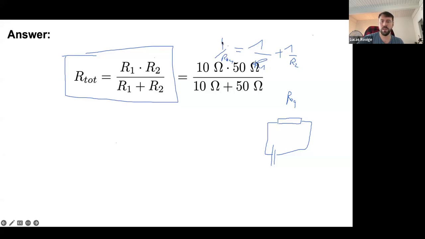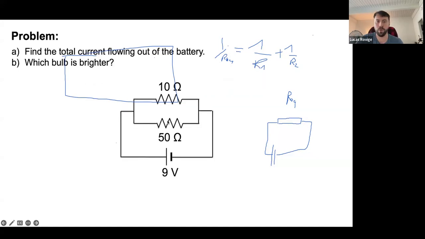Using the values gives us a resistance of 8.3 ohms. You see that 8.3 ohms is lower than both of the resistances, and especially lower than the lowest resistance. This is something we've seen: if you have resistors in parallel, the equivalent resistance is lower than the sum of all resistances.